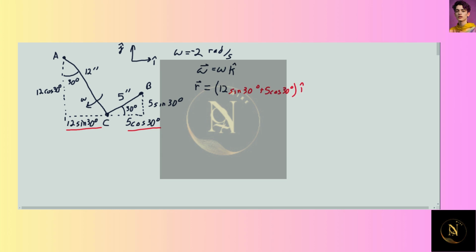That's in the i hat direction. And then we'll add in the j hat direction, which will be negative 12 times the cosine of 30 degrees, and then a positive 5 times the sine of 30 degrees.